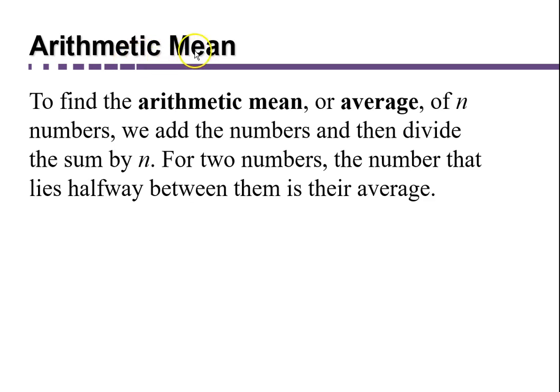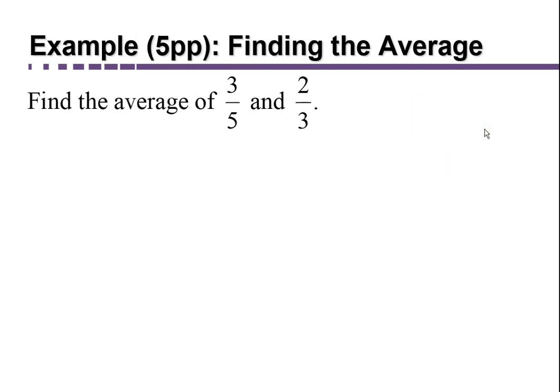It's the average of two numbers that are on either side of something. So how do we do that? We take the two numbers, add them together, and then divide by 2 to find what is halfway there. Sometimes this is easier said than done, but I'm going to show you.